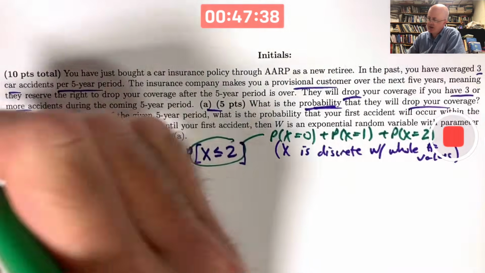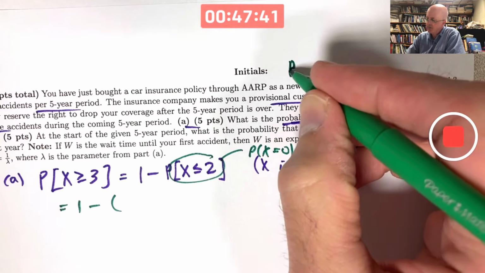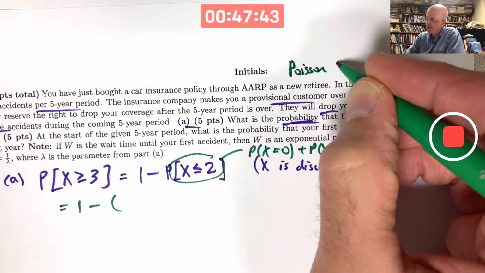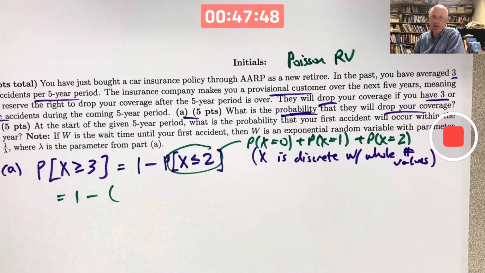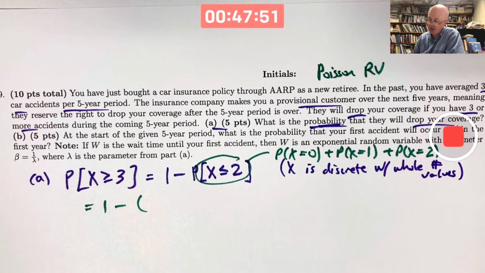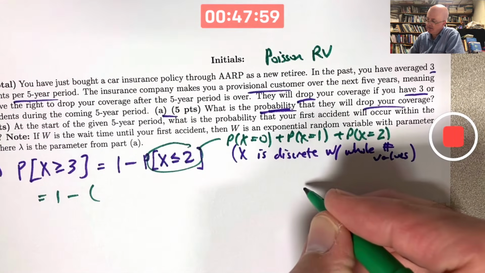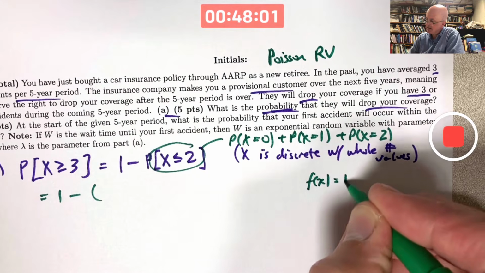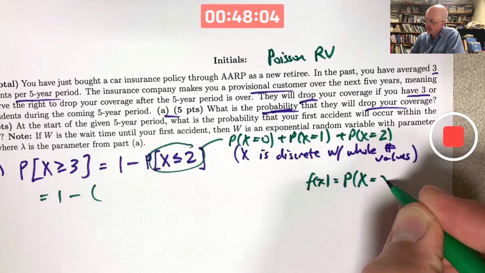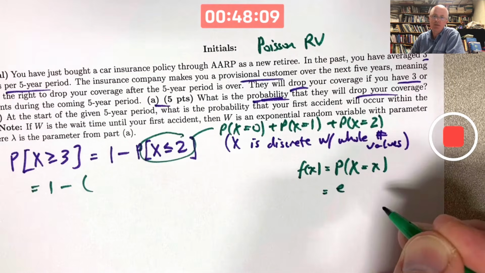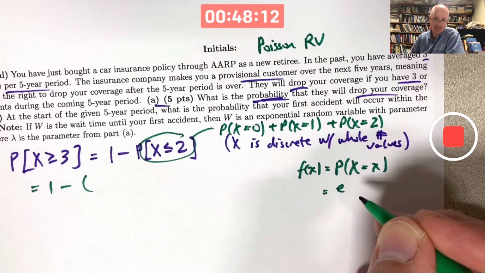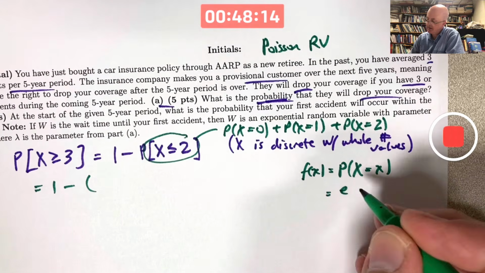This is a situation where you end up using something called a Poisson random variable, or maybe Poisson in French. Poisson random variable, and you need to know the PDF for it. It is a discrete random variable because it's counting the number of occurrences of an event, in this case having an accident. Its PDF, little f of little x, the probability that capital X equals little x, turns out to be e to the negative power of the mean, in this case over this 5-year period.